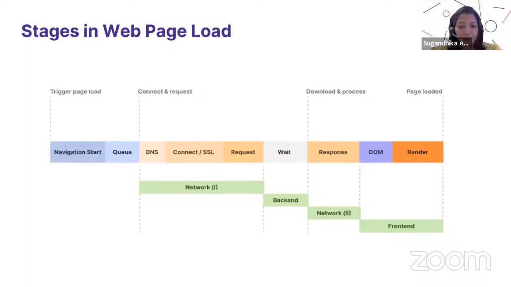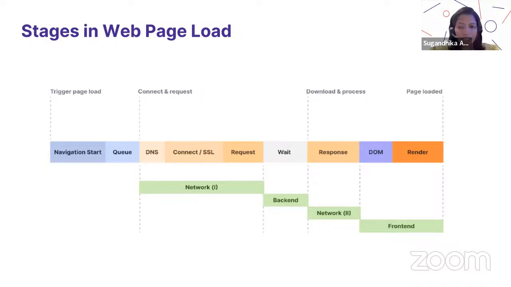The page load begins when the user initiates the navigation. For example, when you're typing your website URL in the browser or clicking on a link, you will trigger the page load. Then the browser queues the request and tries to resolve the domain name.